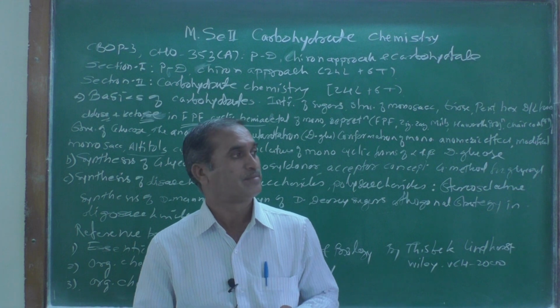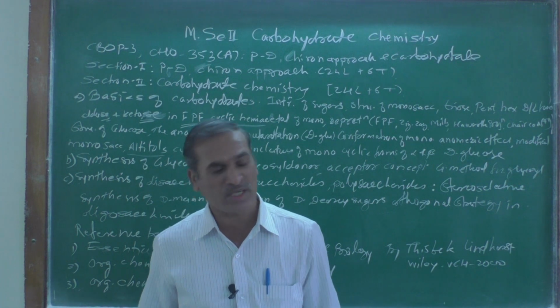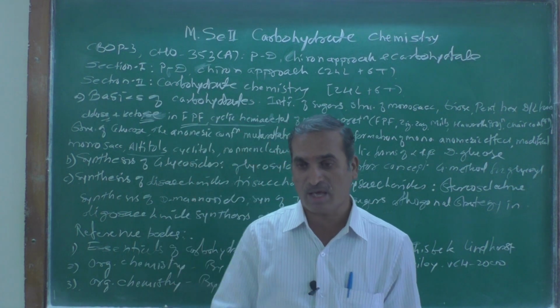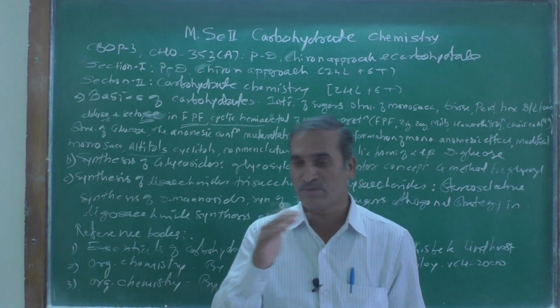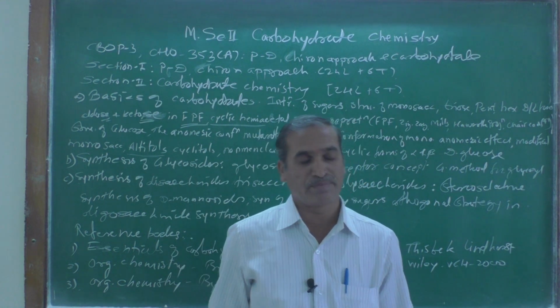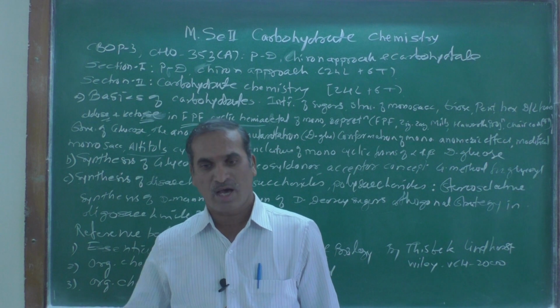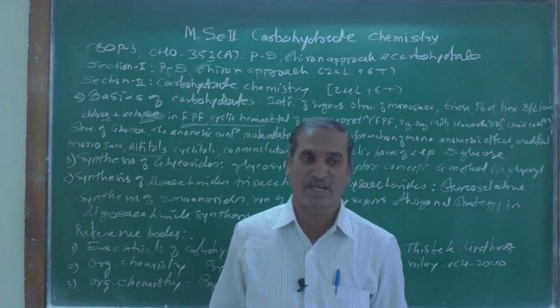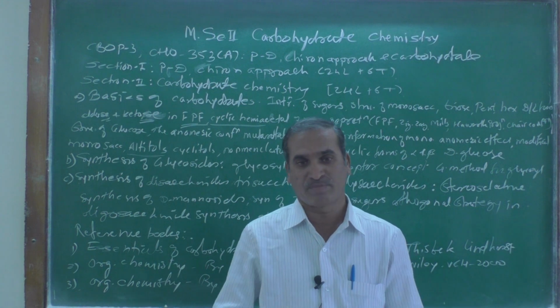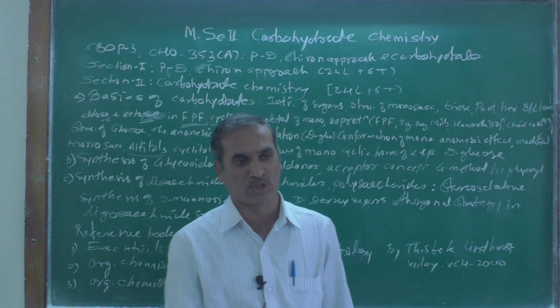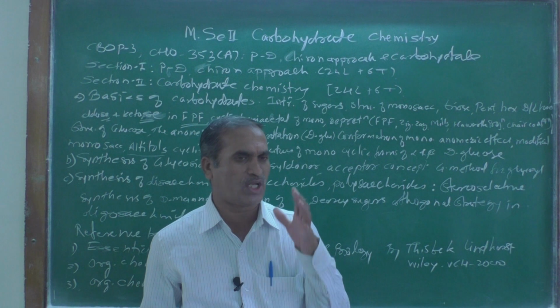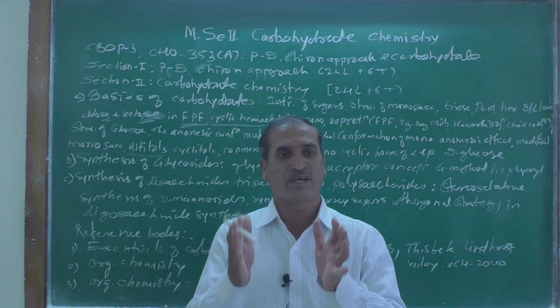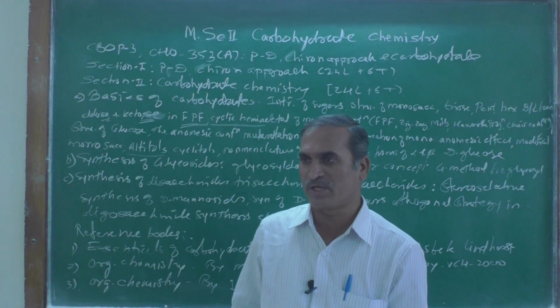By using the lowest chiral carbon atom we decide: if that hydroxy group OH is on the right hand side, then we can give the name D-glucose, and all the naturally occurring carbohydrates have D configuration.